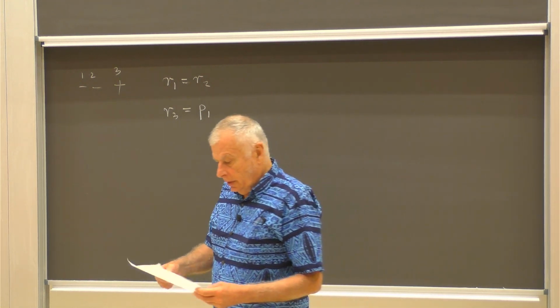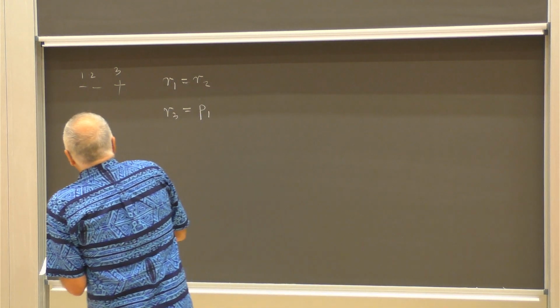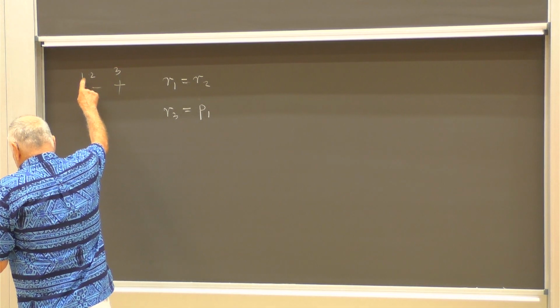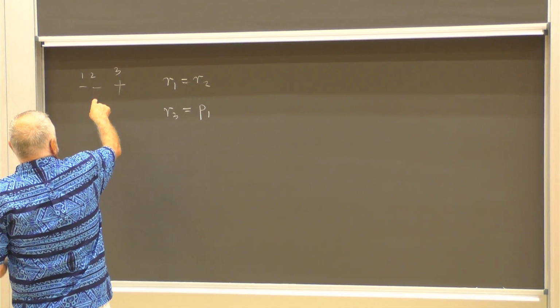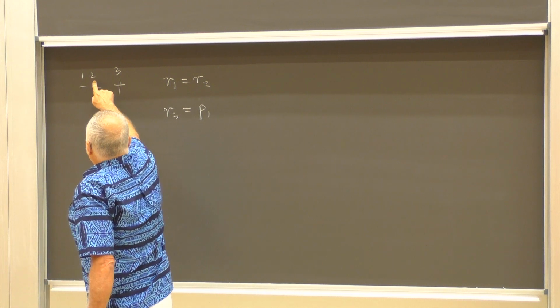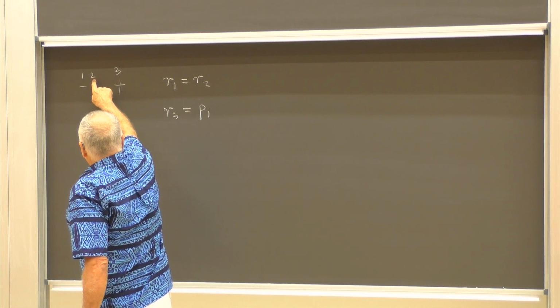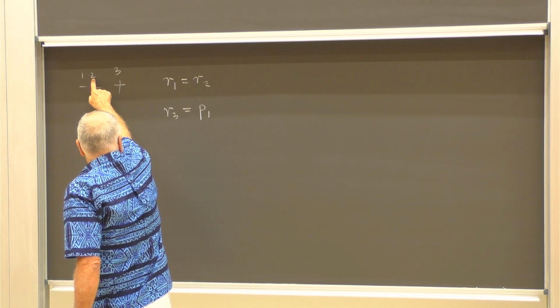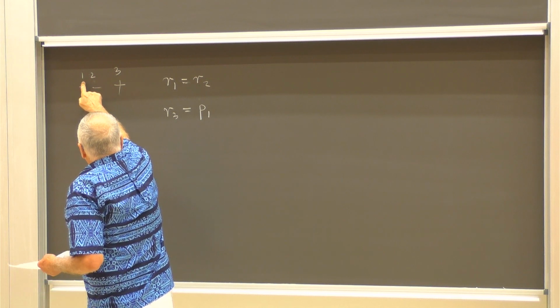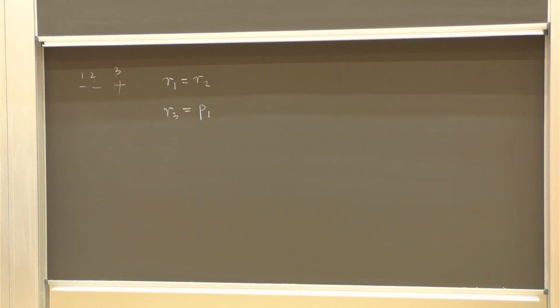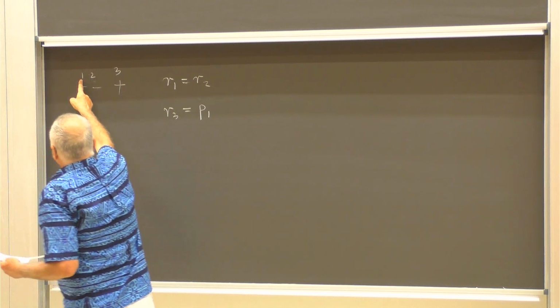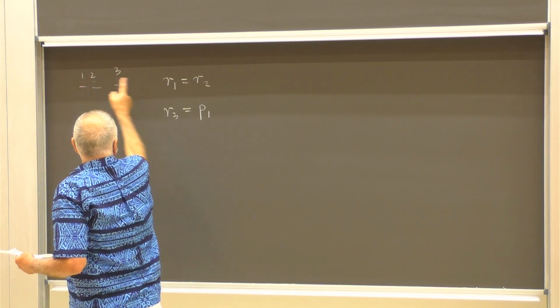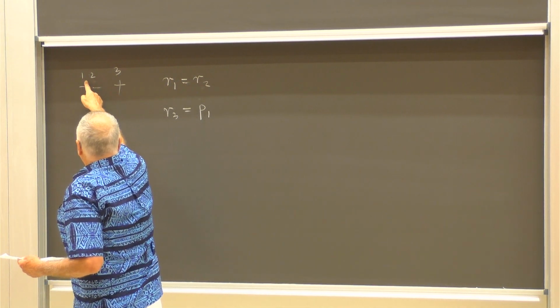In this case, I cannot contract 1 with 2. The first one I can contract with 2, but now I chose the polarization vectors the same, so it's 0.